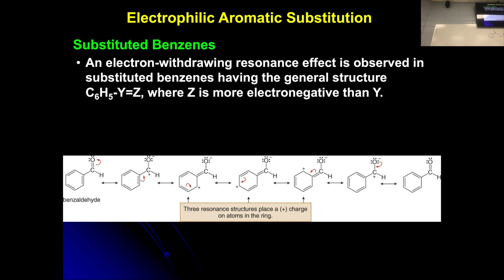If it does not have lone pairs of electrons, it's a deactivator. Now, alkyl groups, just like a CH3, also fall under the activator list, even though they don't have lone pairs of electrons. So, let's look at some examples.